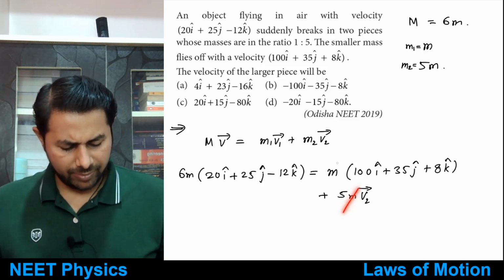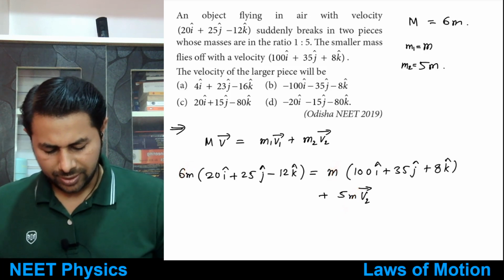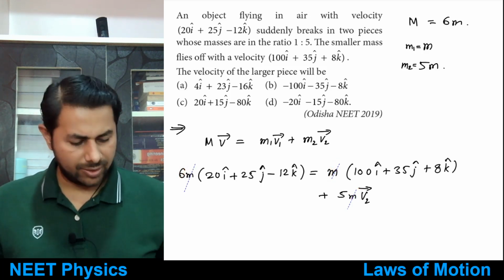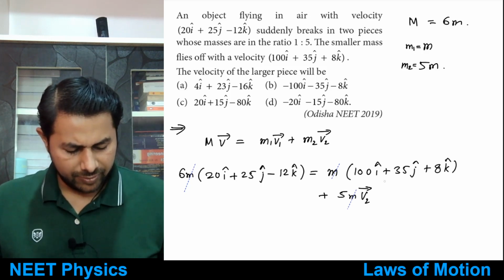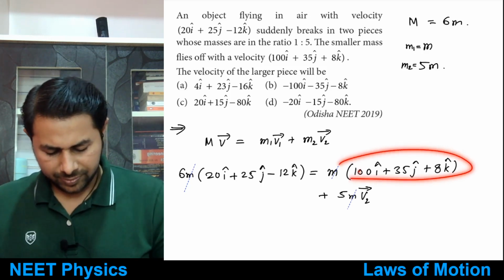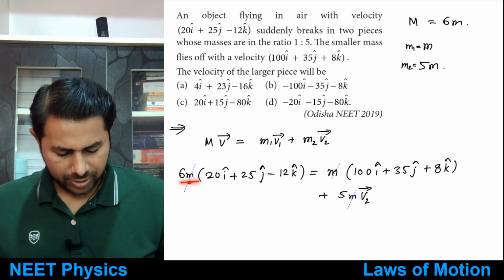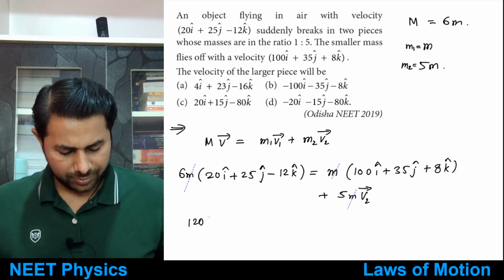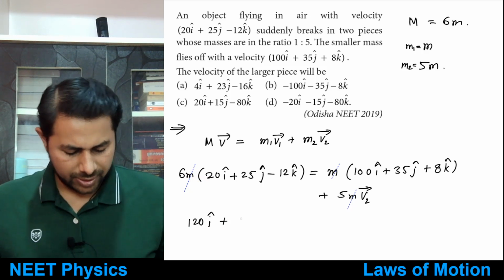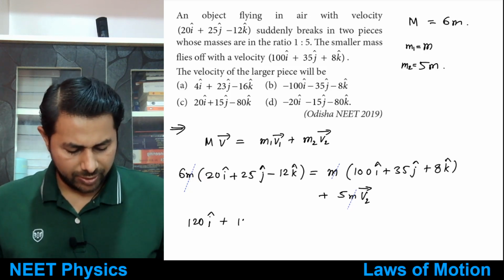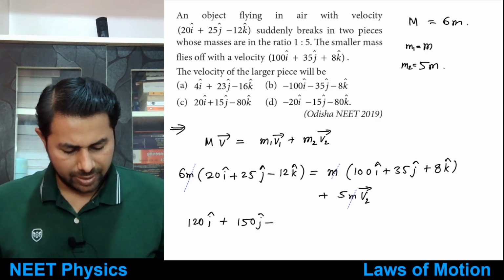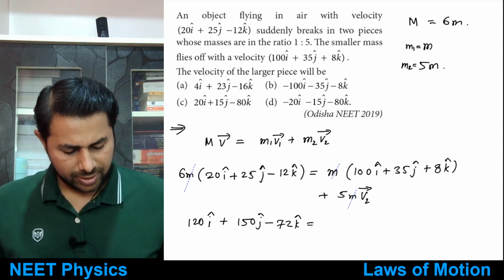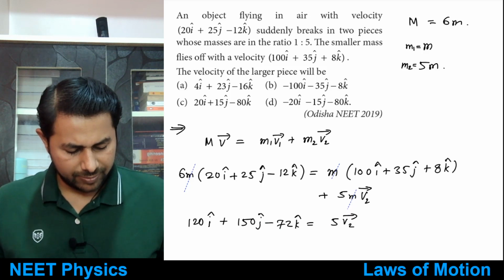Then this m will get cancelled out, and we can move this thing to the other side. First of all, multiply: you have 120i cap plus 6 times 25 is 150j cap minus 72k cap is equal to 5v2 bar.